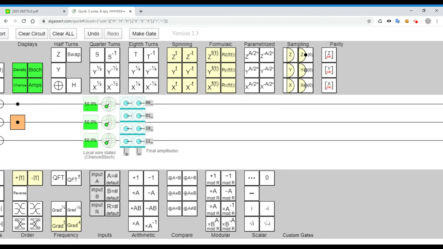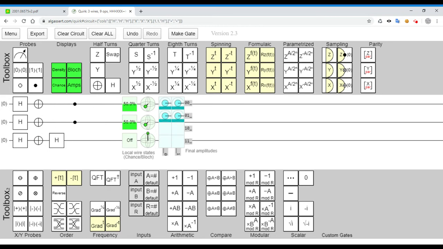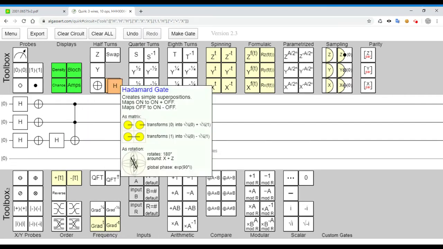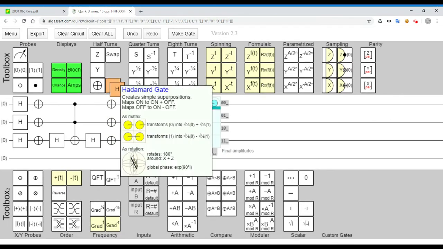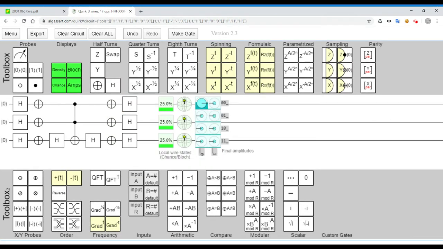I think you've got another Hadamard in here. Exactly, because this is a control Z, and at the end of the day, that's how you would implement the typical thing.